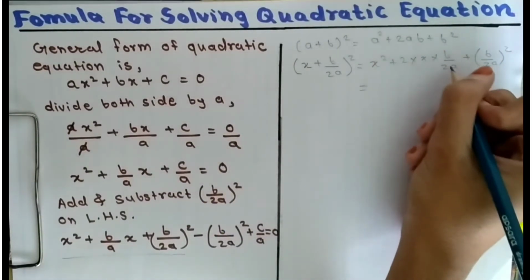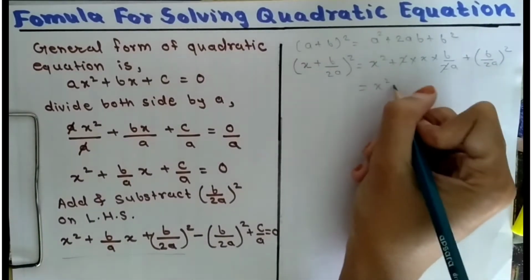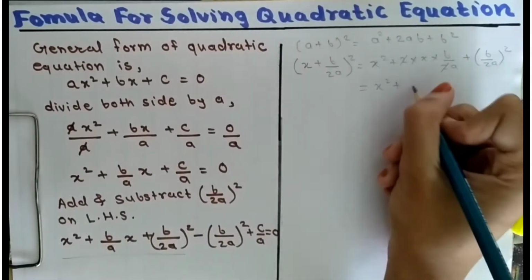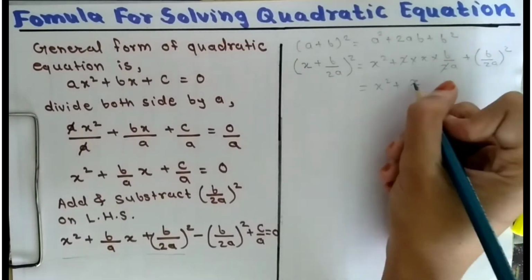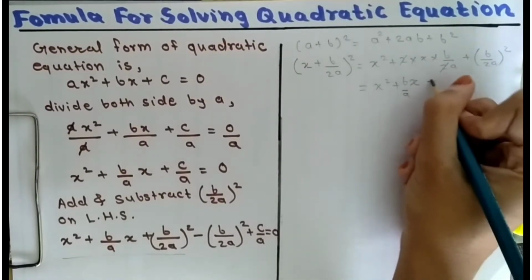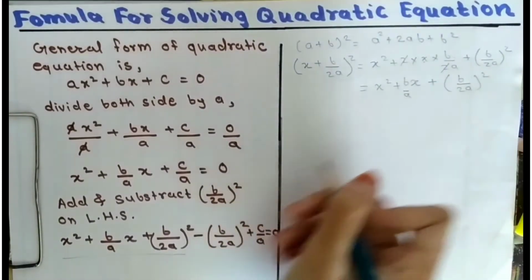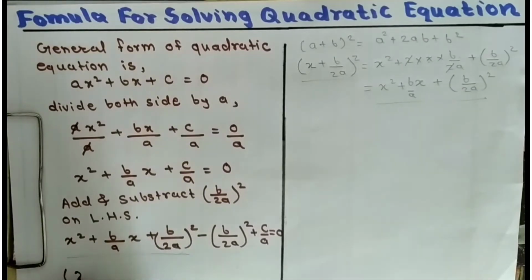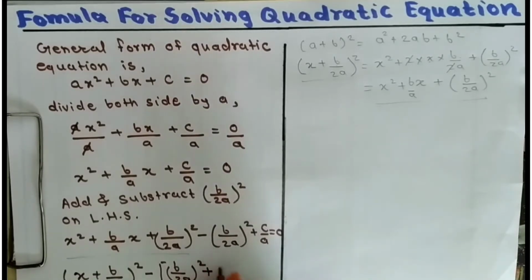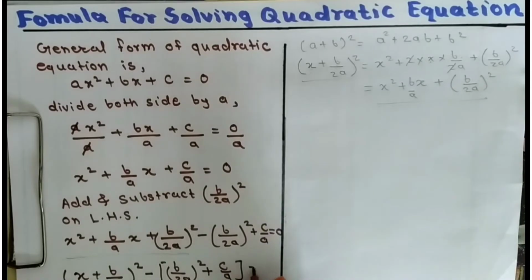So we write this with the 2 cancelled: x square plus b upon a x plus b upon 2a bracket square. So this term is nothing but x plus b upon 2a bracket square, minus b upon 2a bracket square plus c upon a is equal to 0.